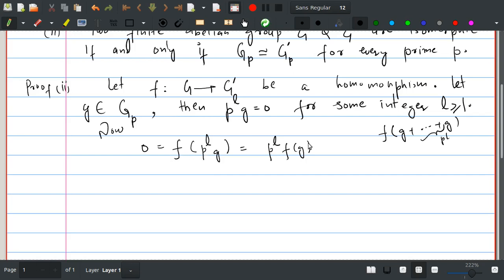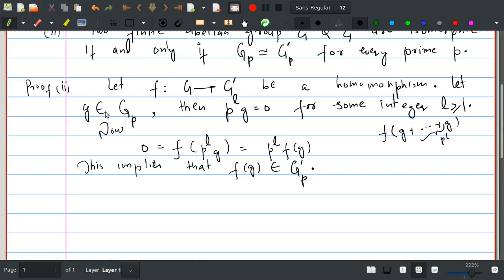Now f(g) being an element of G prime, p^l f(g) equal to 0 implies that this f(g) is in the p-primary component of G prime.